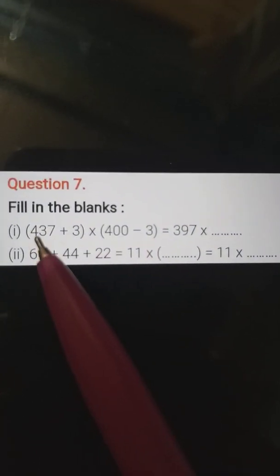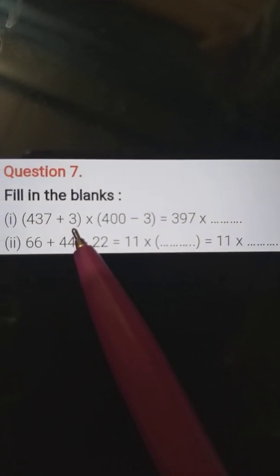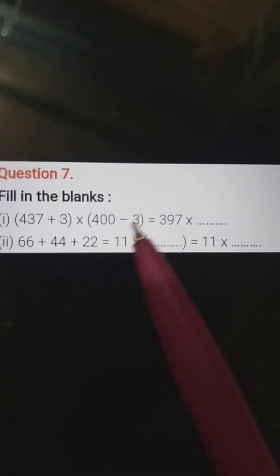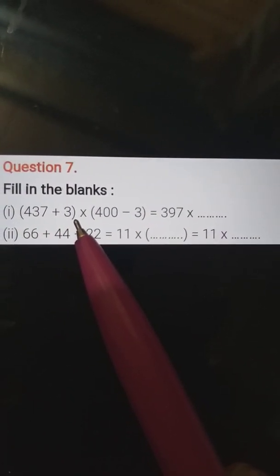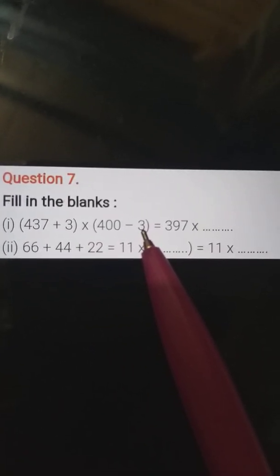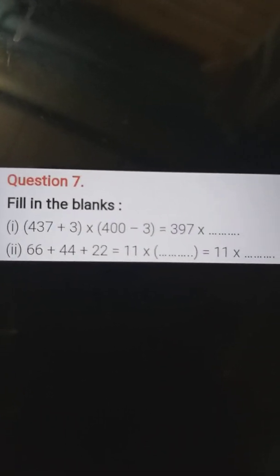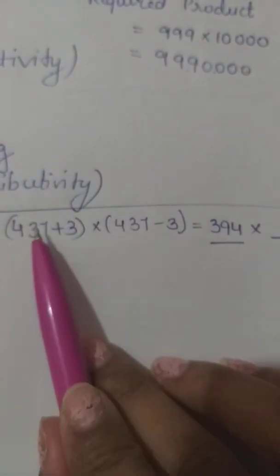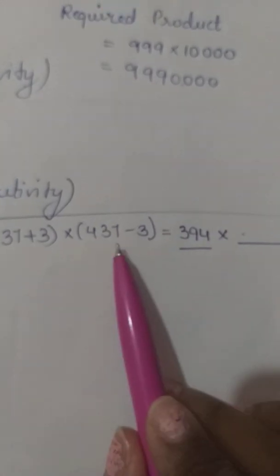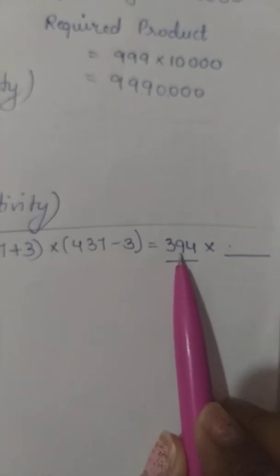So see students, 437 plus 3 and 437 minus 3. 437 plus 3 is not given, but 437 minus 3, that is 394, is already given.